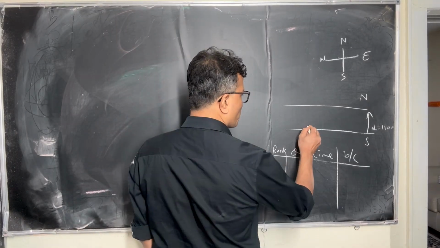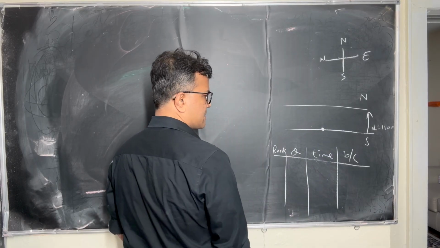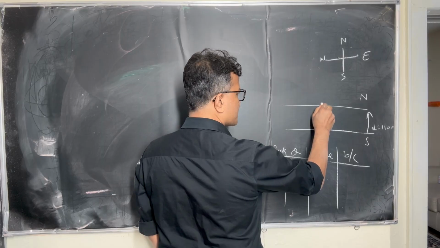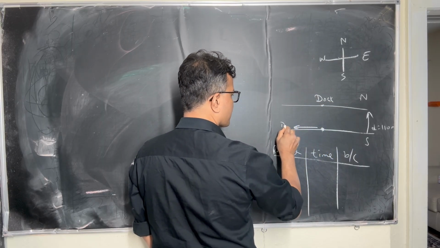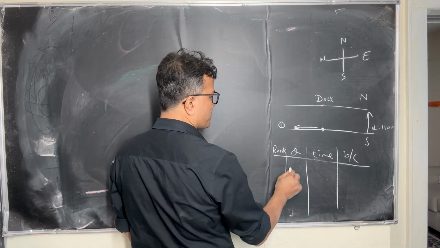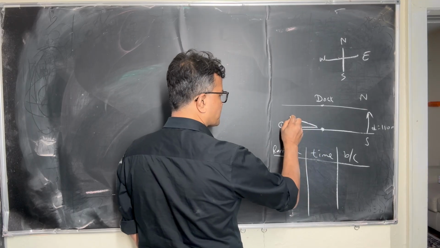This is swimmer number 1. Johnny starts here, and this is the dock. Swimmer number 1, and then swimmer number 2.